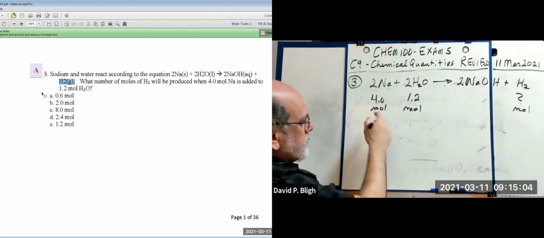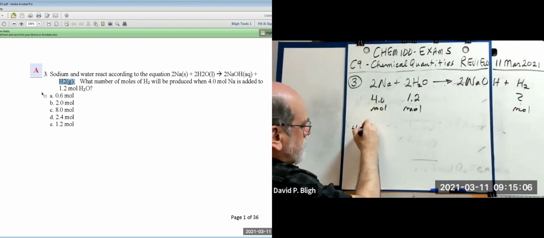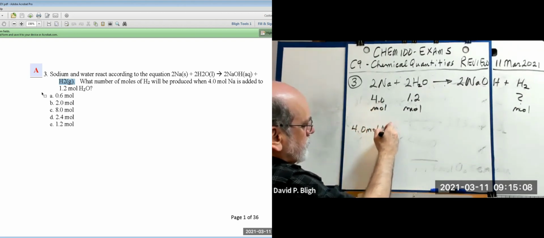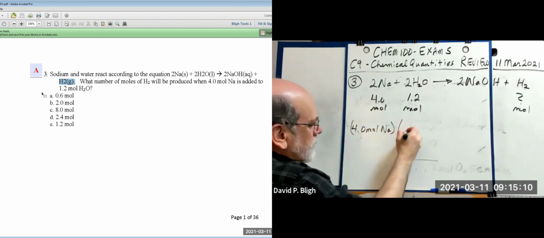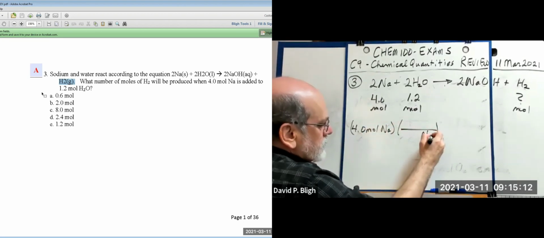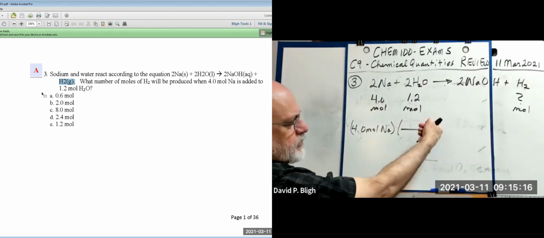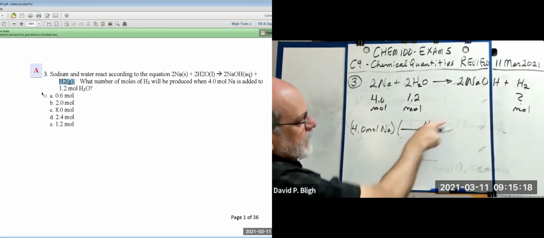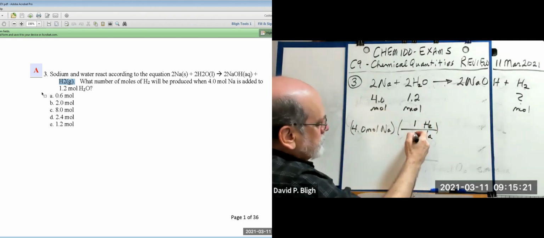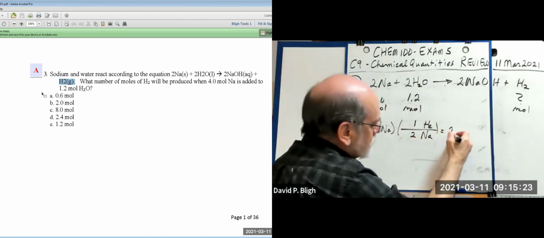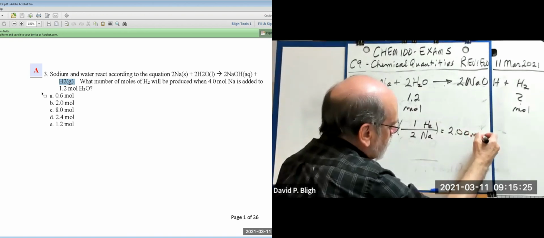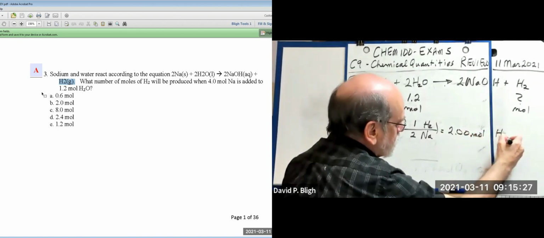So for 4 moles of this, we need a conversion factor that will do that. And that's understood to be moles and moles. So 1 of these and 2 of these makes 2 moles of hydrogen.